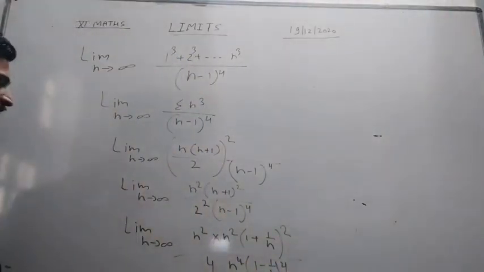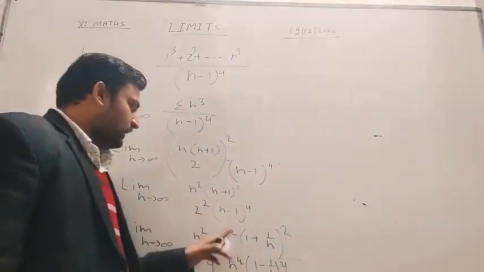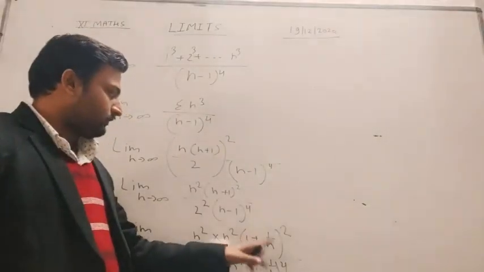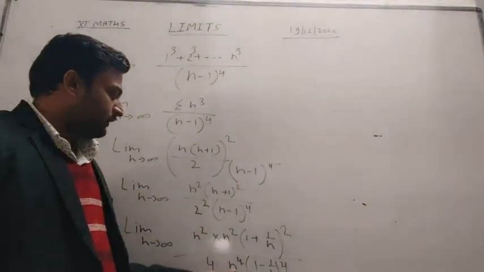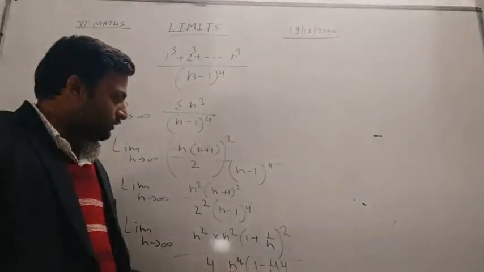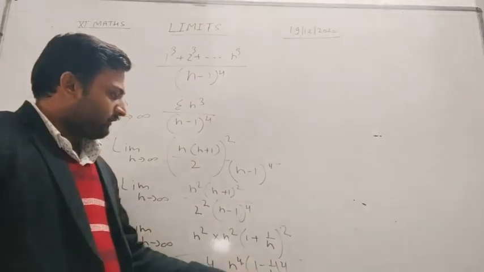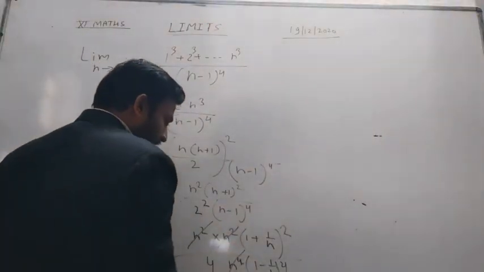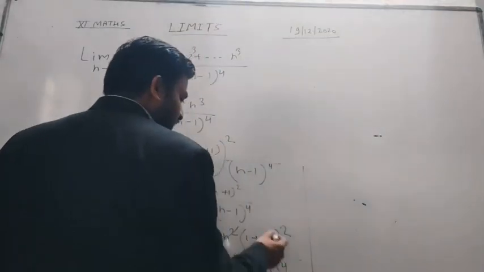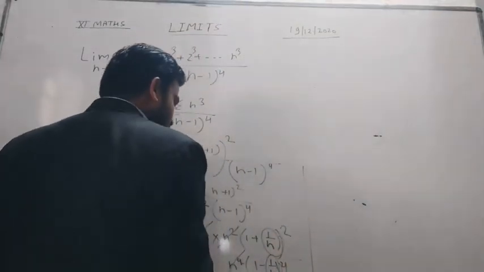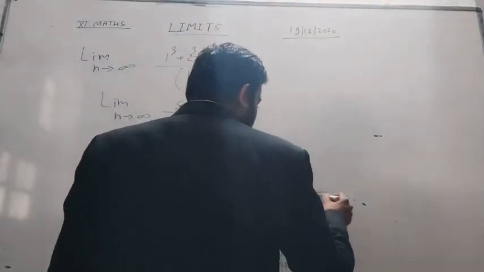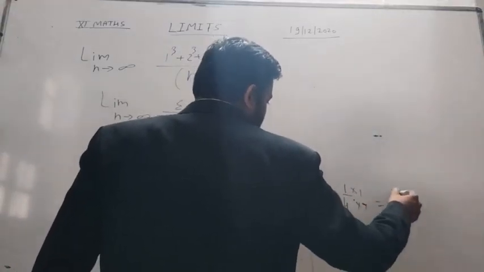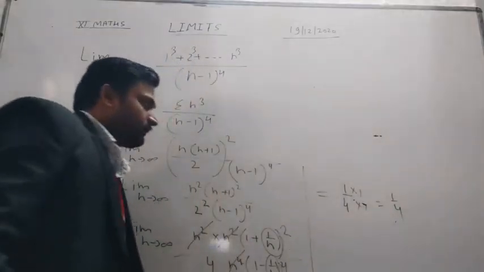Taking n outside, it will give n square, here will be 1 plus 1 by n. Again taking n outside, and this is power 4, so n square by n to the power 4, 1 minus 1 by n. So this term will cancel from here. Now we put the value of the limit. This term will be 0. This term will be 0. So here will be just 1 by 4 into 1, which is 1 by 4.